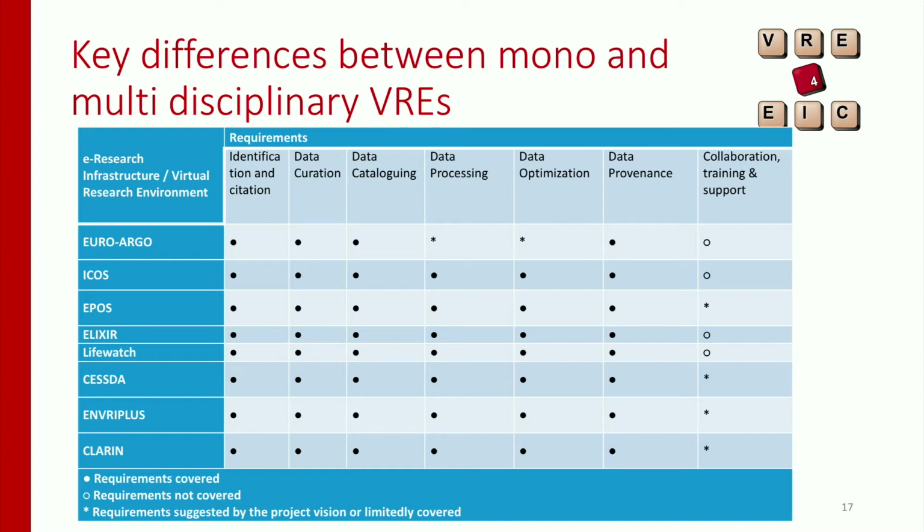Although the requirements in data-related categories have been covered by many existing VRE projects, the range and the details of specific requirements in each category are not comprehensive enough for developing a multidisciplinary VRE. Privacy and trust-related requirements have not been identified in these projects.